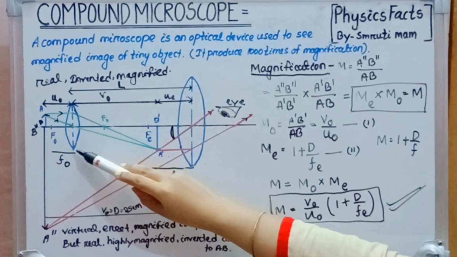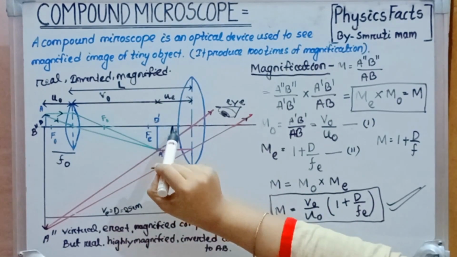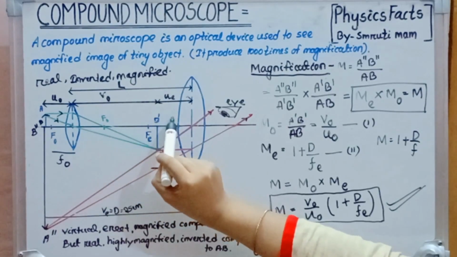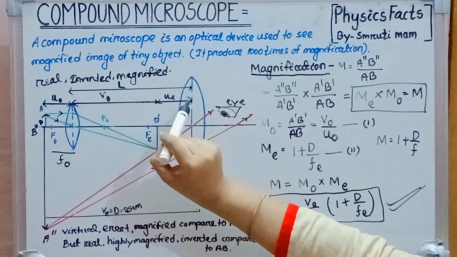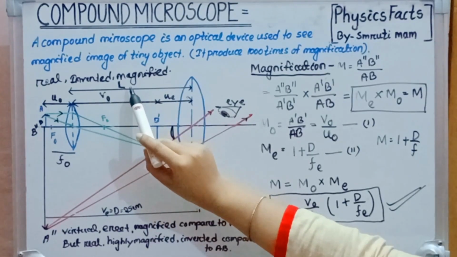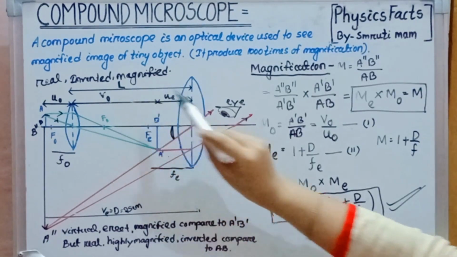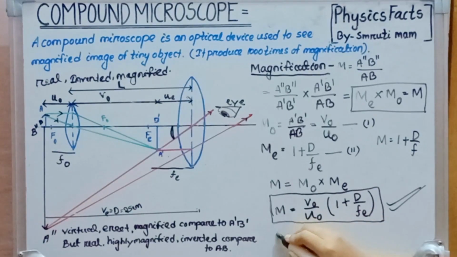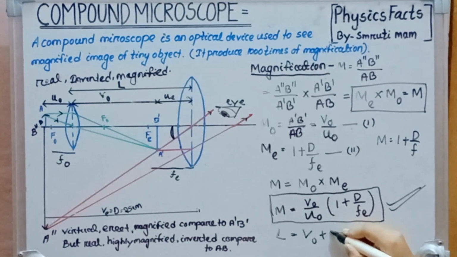Okay. Distance between objective lens to eyepiece lens, this distance, is called as length of the microscope denoted by L. So, length of the microscope denoted by L is equals to VO plus UE.